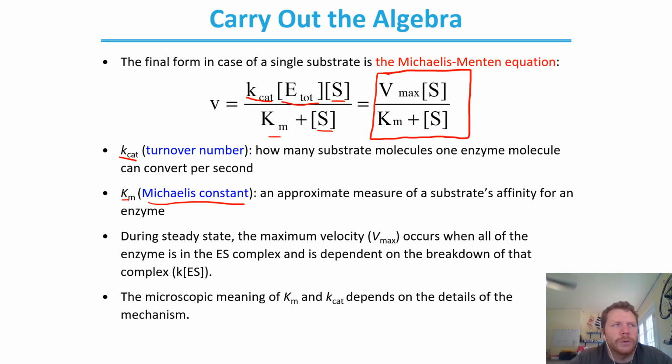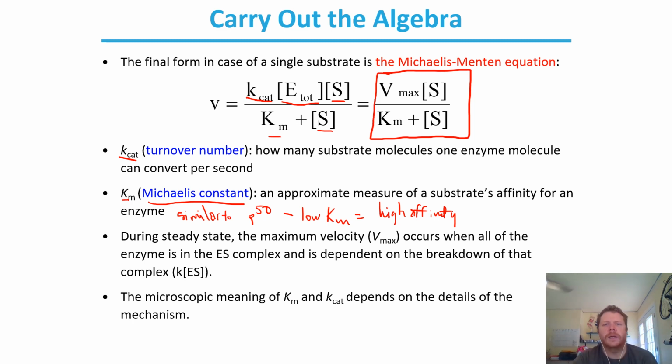And this is analogous to P50 of oxygen binding proteins. And so what that means is low Km equals high affinity. And vice versa, high Km is low affinity.